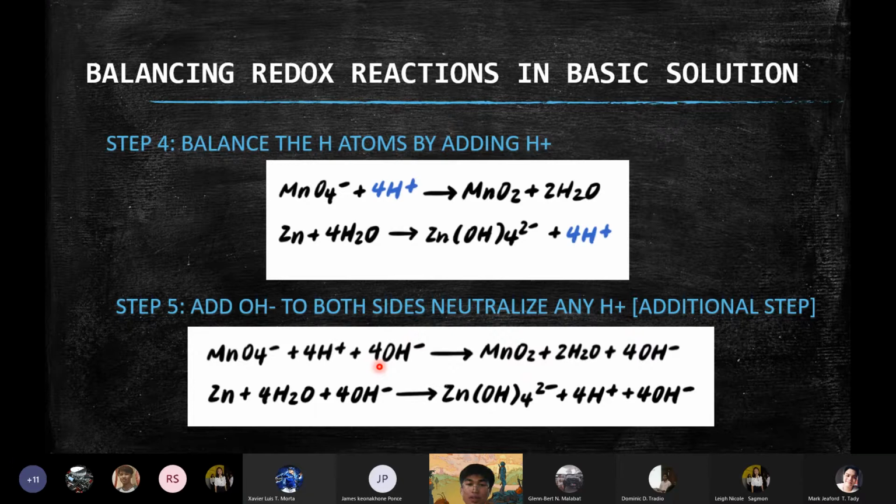Neutralized meaning zero, there is no excess and nothing lacking. Please take note that in neutralizing H plus, you do not only add OH minus on the side where there is H plus, but on both sides, the reactants and the products. Now we have 4 H plus, so we need to add 4 OH minus, and the same on both sides.